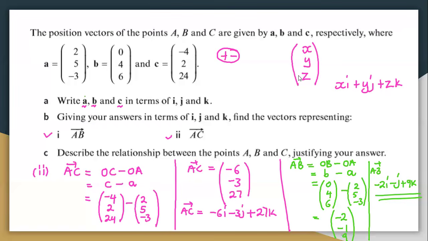Okay, thank you. Now I want us to use our mathematical eye. I want you to look at A, B, and C for part C. Describe the relation between the points A, B, and C. Justify your answer. So, I want you to look at the relation we have between AB and AC.